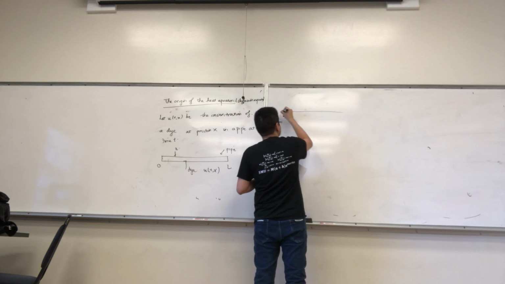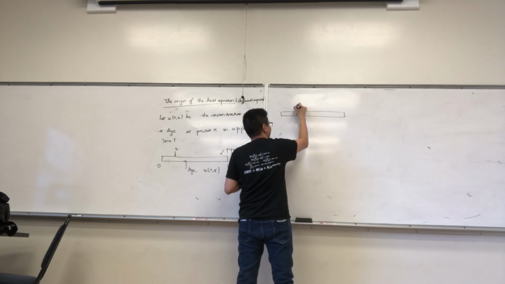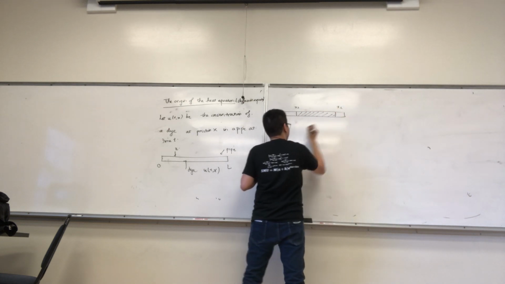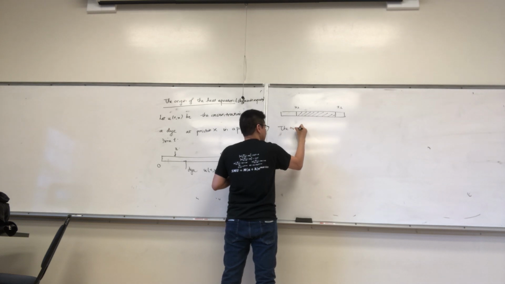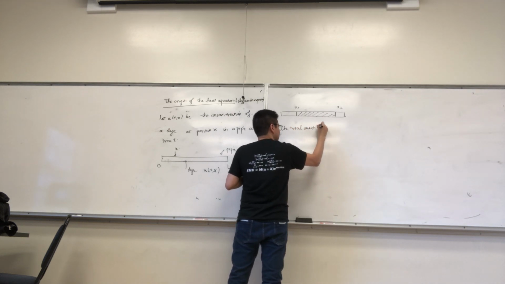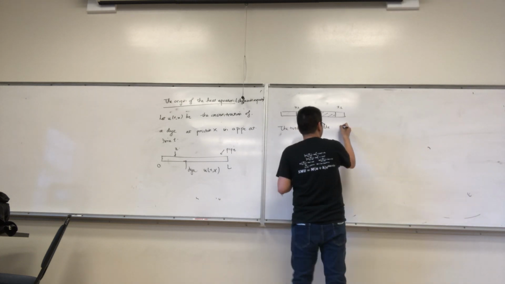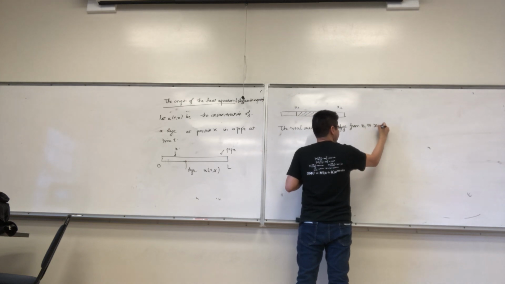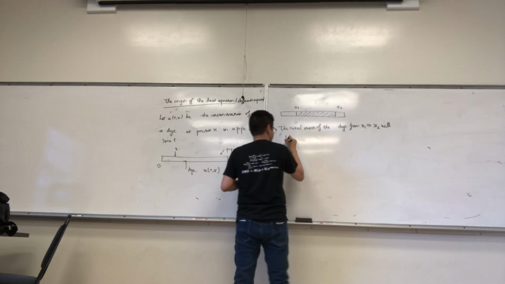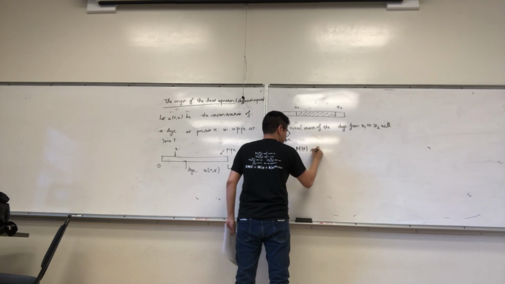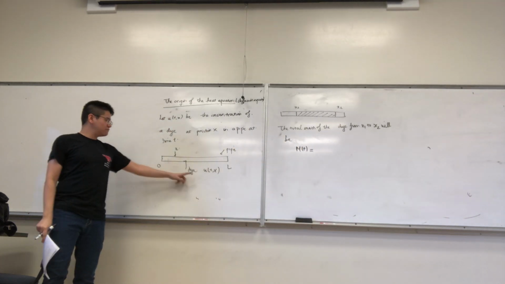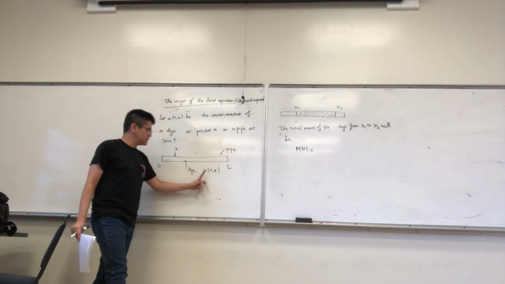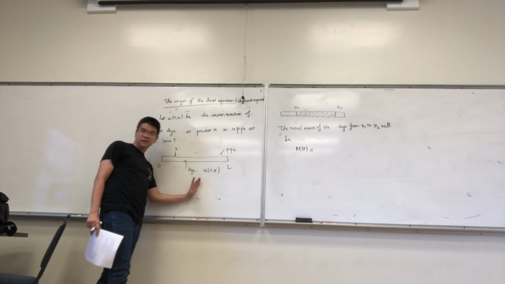So now if I consider the total mass from position x1 to position x2, the total mass of the dye from x1 to x2 will be, suppose that u(t,x) is the concentration of this dye.